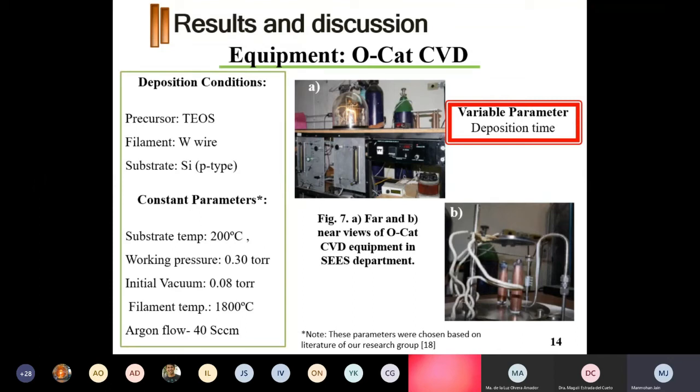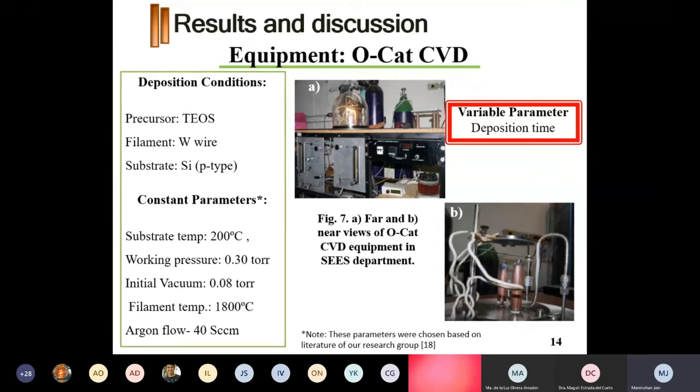Here in the figure, I have shown the OCAT CVD system which I have used in the SIS department. Here I have used only one precursor, TEOS, while the filament is tungsten wire.